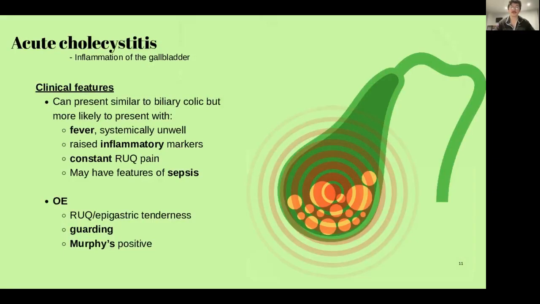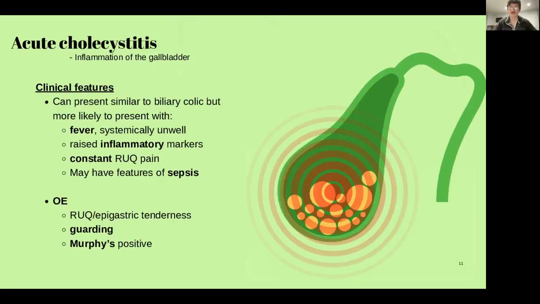Sometimes, in rare cases, they might have a perforated gallbladder, which can cause a worse infection. So look out for haemodynamic instability: the low blood pressure and the tachycardia, signs of peripheral shutdown.